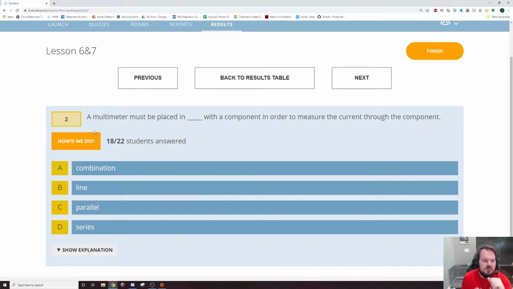A multimeter must be placed in series to measure current. The nature of current is it stays the same throughout all the parts of a series circuit. So, to read that current, you have to be in series with the circuit.